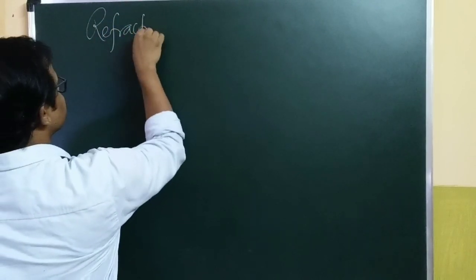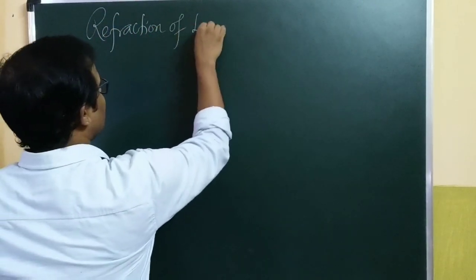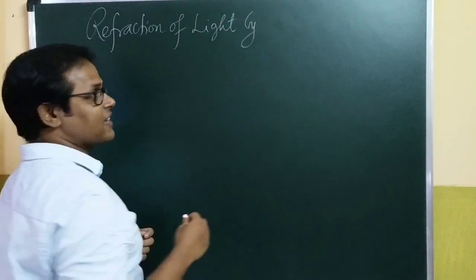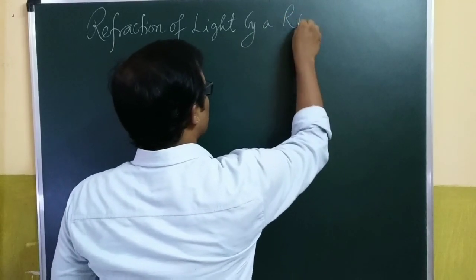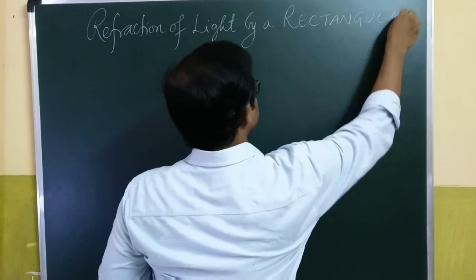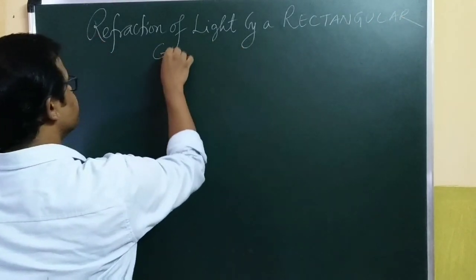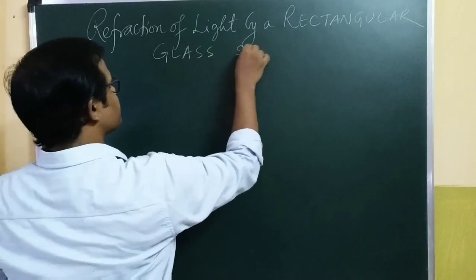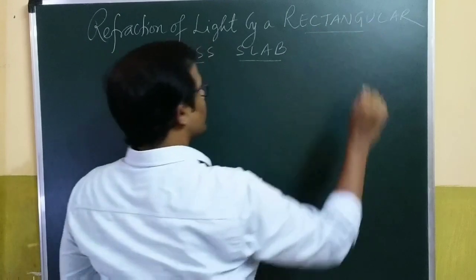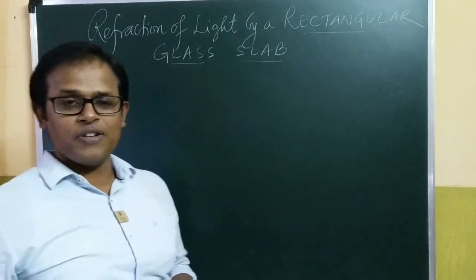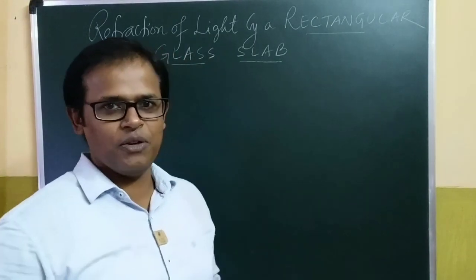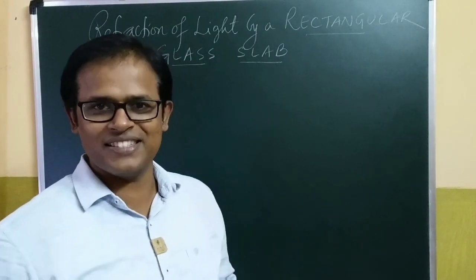Refraction of light by a thick piece of glass, which is well known by the name rectangular glass slab. Okay, how does a ray of light actually propagate through a rectangular glass slab? I will be discussing it in detail.